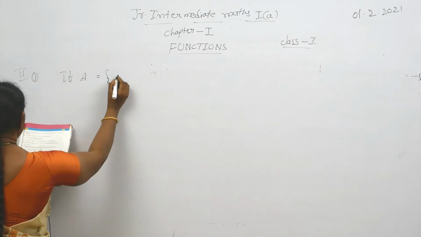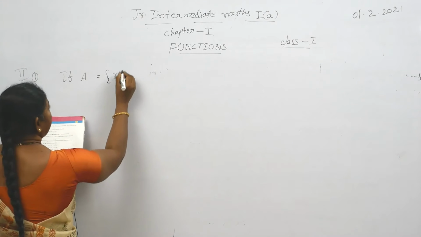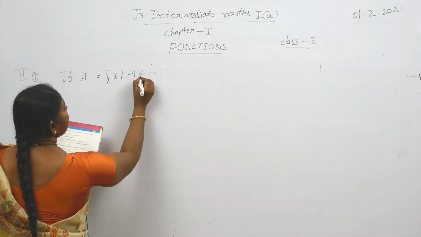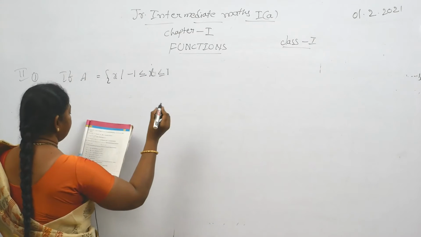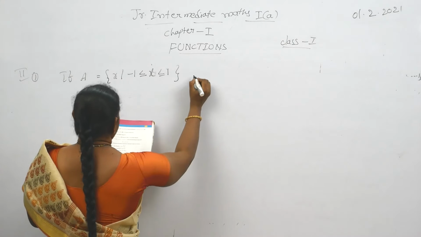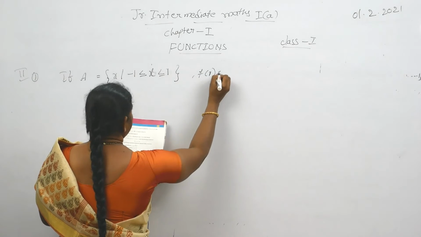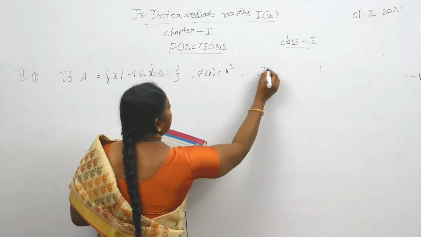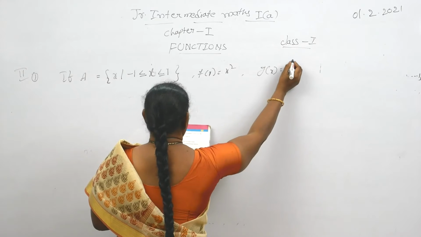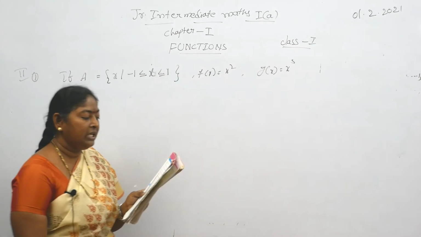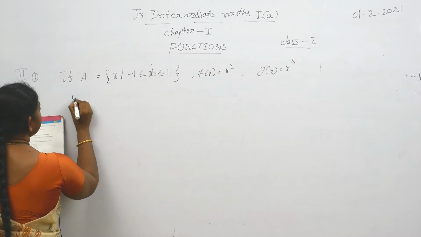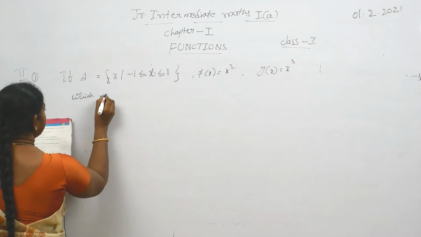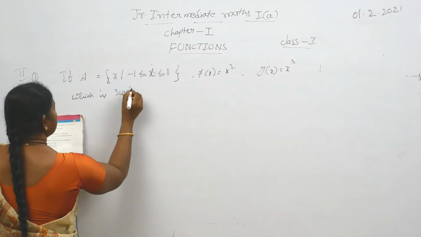A equal to the set of x such that minus 1 is less than or equal to x is less than or equal to 1, f of x equal to x square and g of x equal to x cube. Which of the following is a surjection?